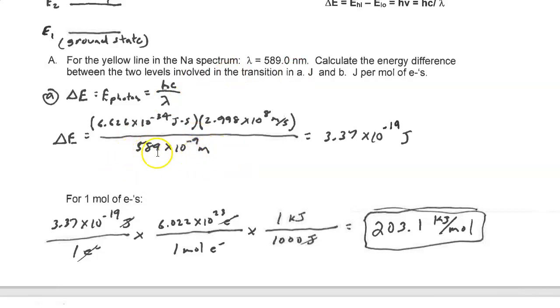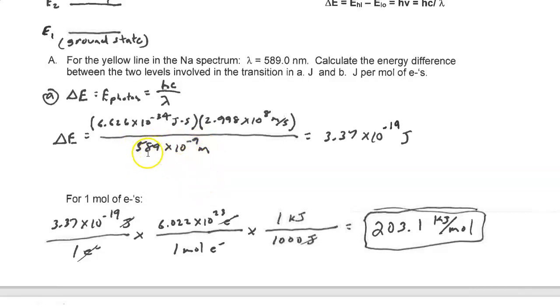Now, is this strictly in scientific notation? No, it's not in scientific notation because this number has to be between 1 and 10. But here's the really good thing. It doesn't matter. If you punch it in as 589, hit your EE key, and then put the minus 9 in there, your calculator will actually move the decimal for you.